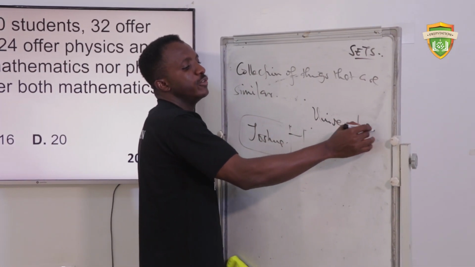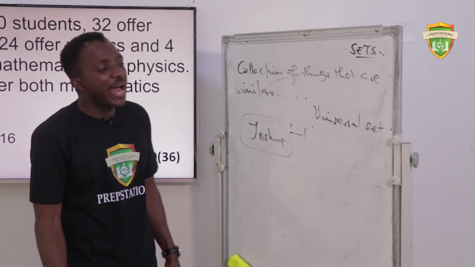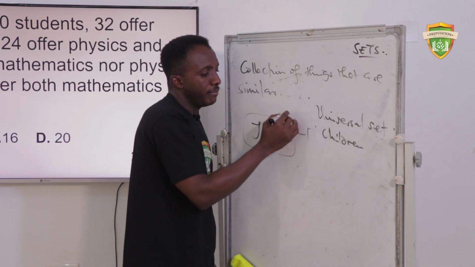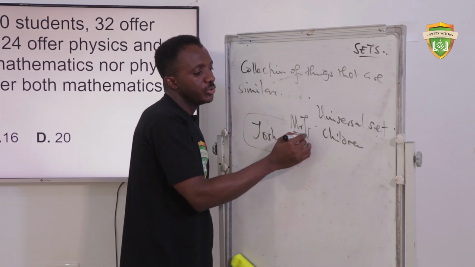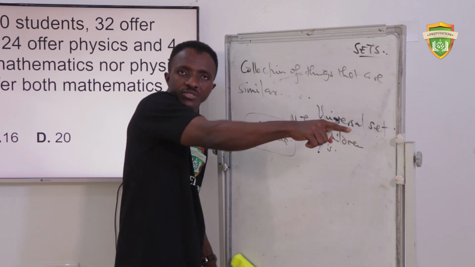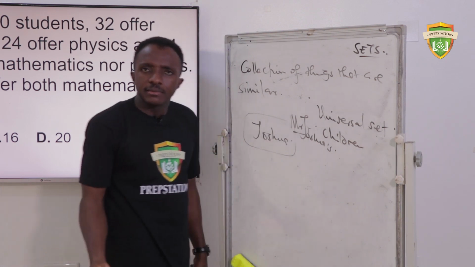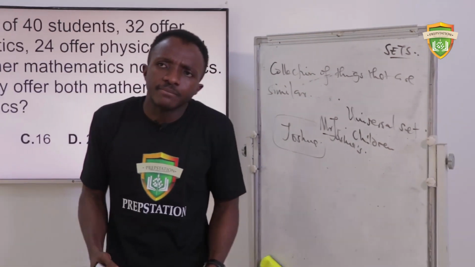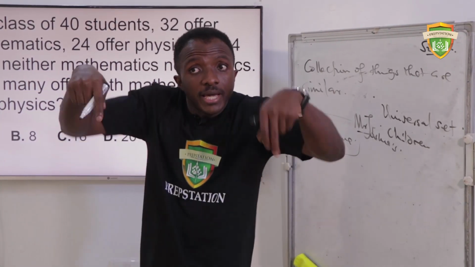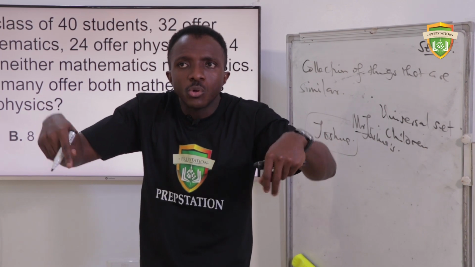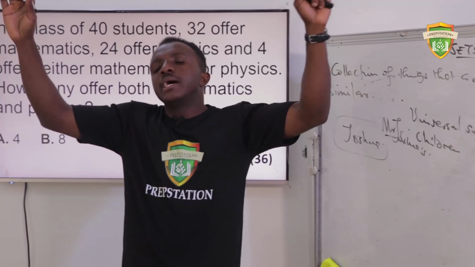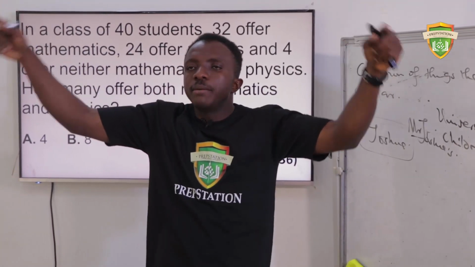Then you have subsets, like Mr. Joshua's children, which is a subset under the universal set. The parents, and the domestic staff, who also live in the same house, can also be subsets. Subsets are just smaller sets in the big set.